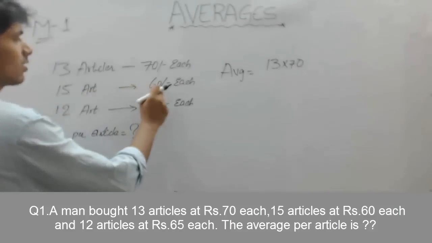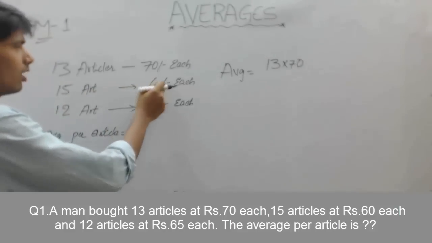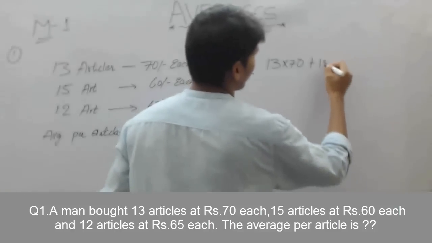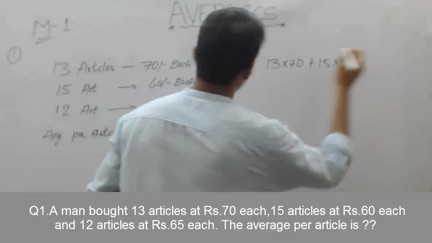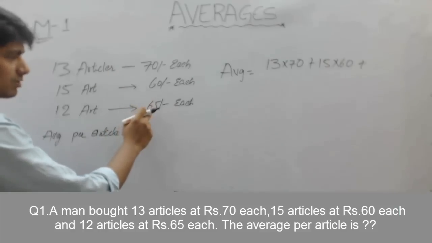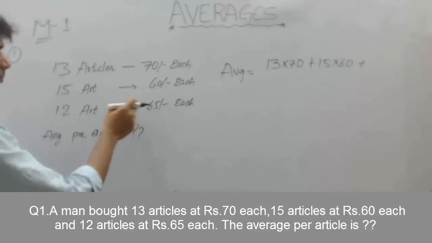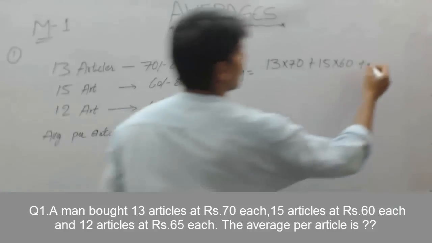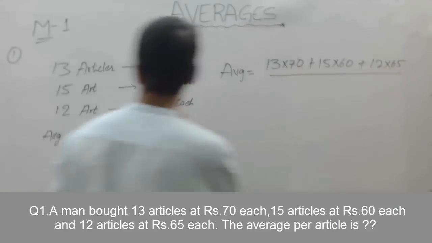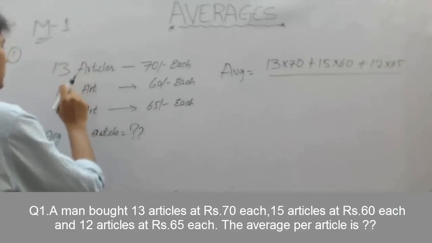Similarly, the cost of each article here is 60, and with that he bought 15 articles, so 15 into 60. Similarly, each article costs 65 rupees, and with that he bought 12 articles, so 12 into 65. The number of articles he bought is 13 plus 15 plus 12.